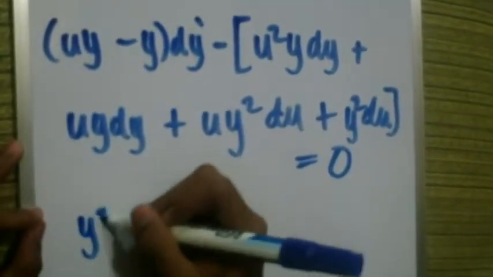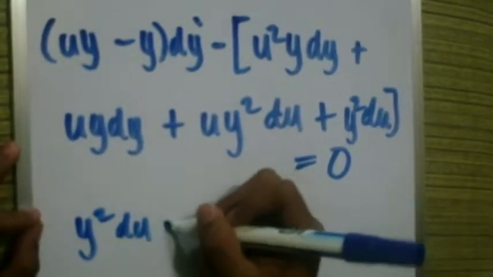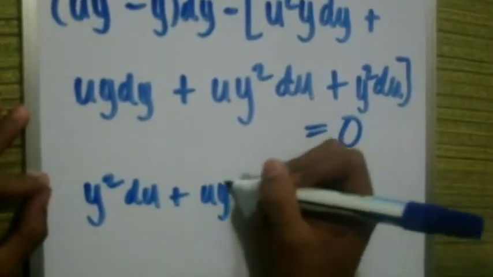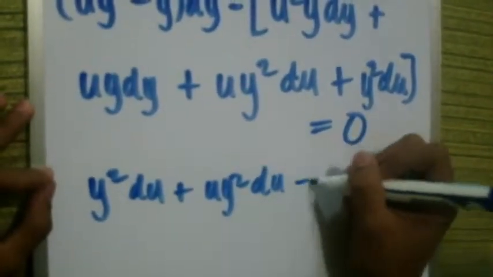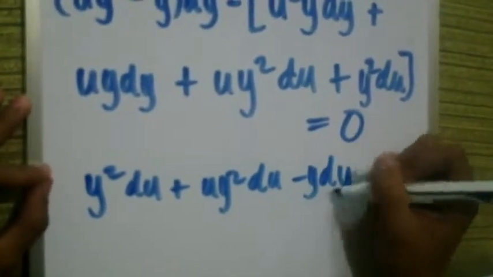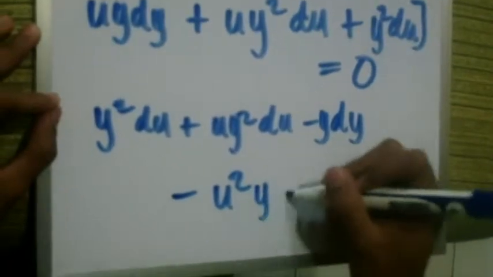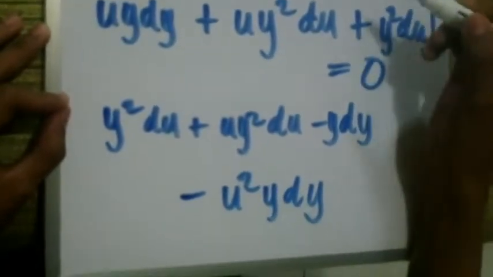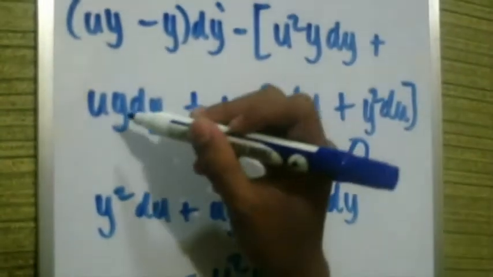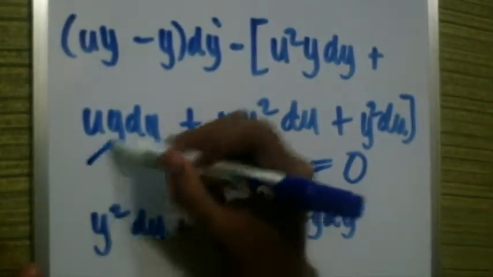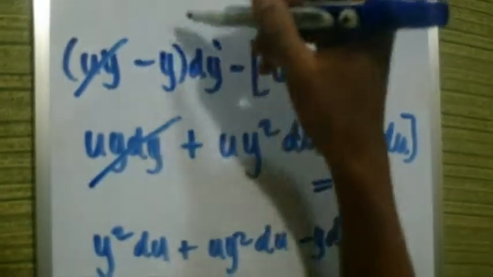So y squared du plus uy squared du minus y dy minus u squared y dy. This is because we have cancelled some terms, uy dy here and uy dy in here.